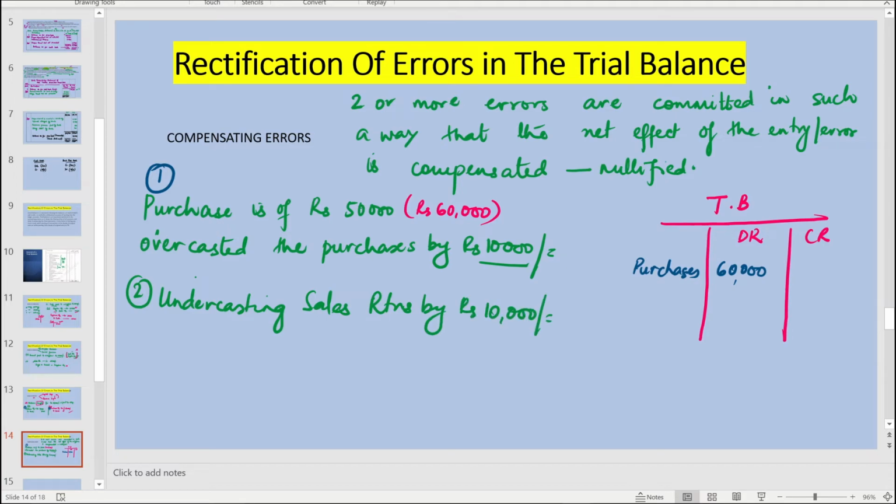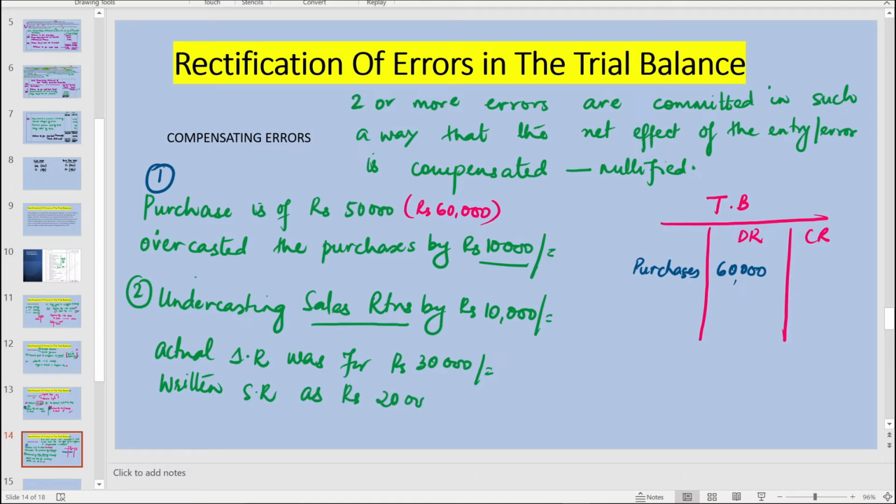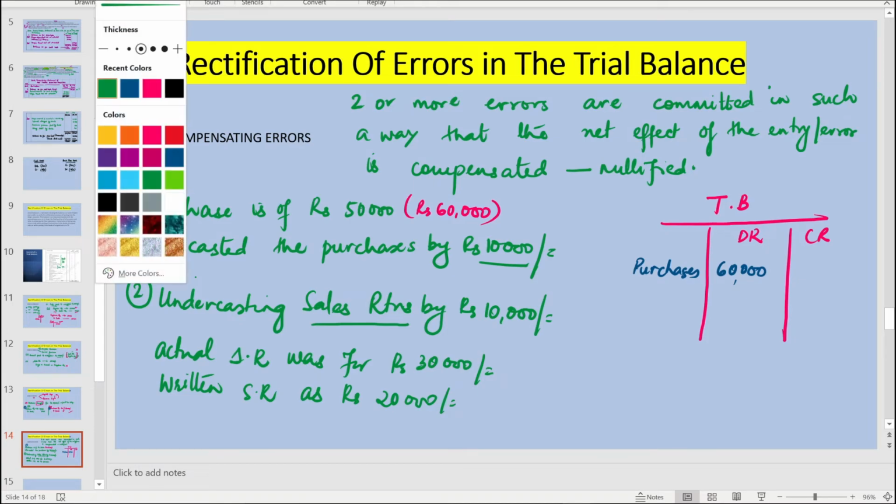When there is a sales return, it affects the debit side because sales is credit and sales return always has a debit balance. So the sales return he has shown by less. For example, the actual sales return was rupees 30,000, but he has taken sales return as rupees 20,000. So this is a wrong amount.